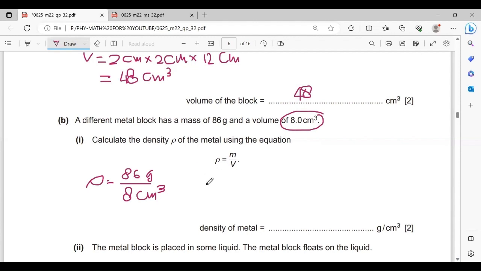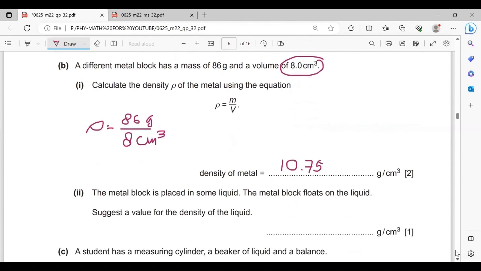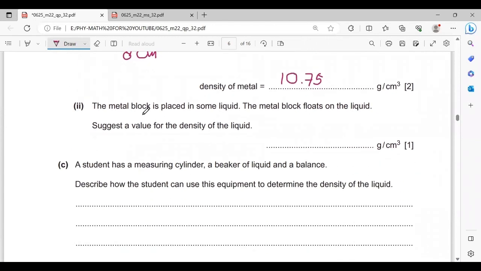Okay, so if we calculate, divided becomes 10.75. Okay, next. The metal block is placed in some liquid. The metal block floats on the liquid. Suggest a value for the density of the liquid.